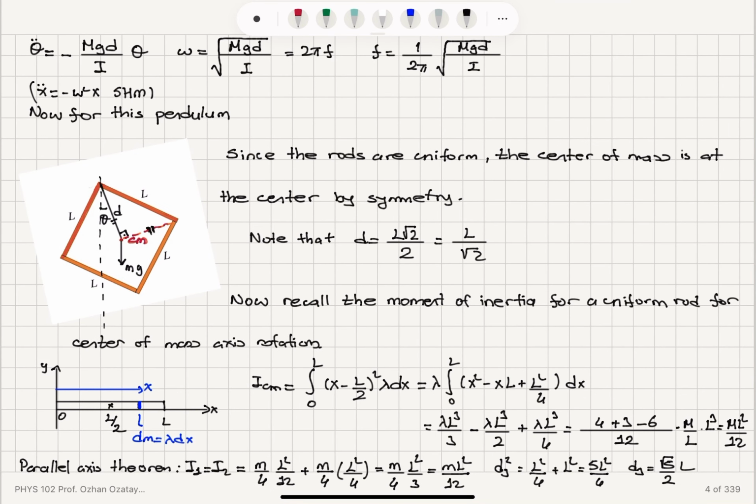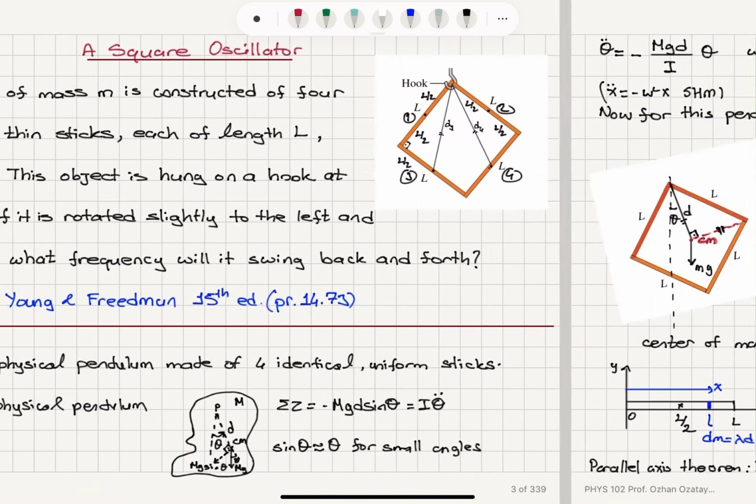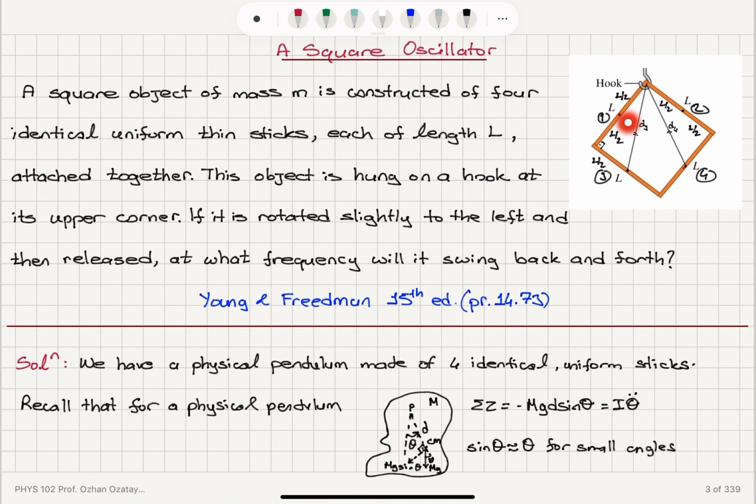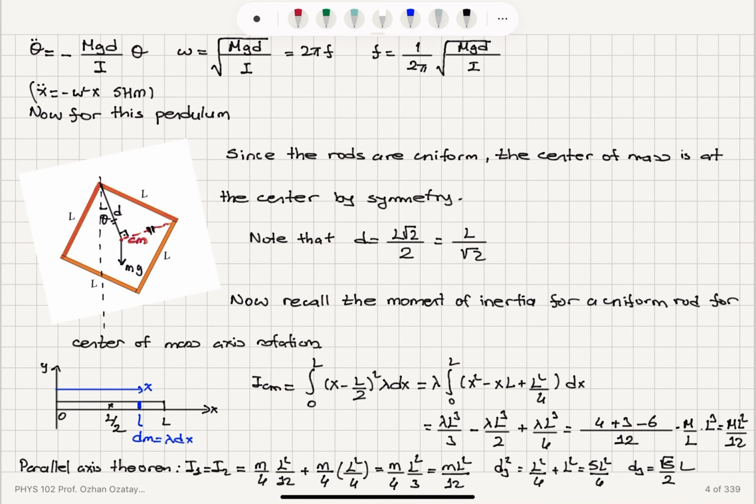And for the moment of inertia of this full object, we can consider the moment of inertia of a uniform rod for center of mass axis rotations, mL squared over 12, and then we can use the parallel axis theorem. For the first one and the second one, these two segments, the distance between the pivot point and the center of mass is L over 2, so we add to mL squared over 12 the m over 4, L squared over 4, for each segment, the distance squared between the two rotation axes.